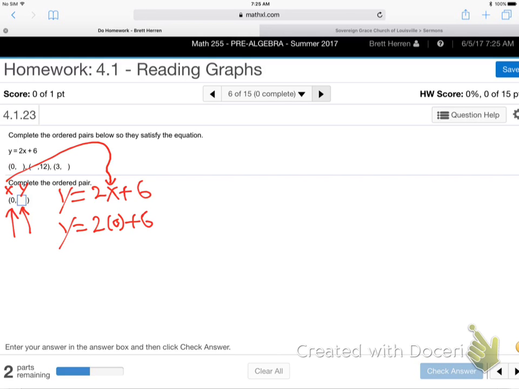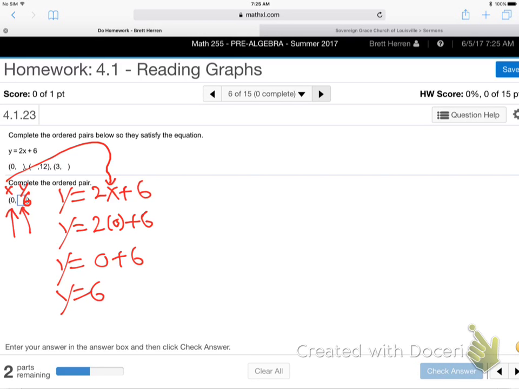And then I can solve the little equation for Y. 2 times 0 is 0. 0 plus 6 is 6. So the answer for the Y box is 6. They gave me the X, I plug it in, and I solve for the Y that goes with it.